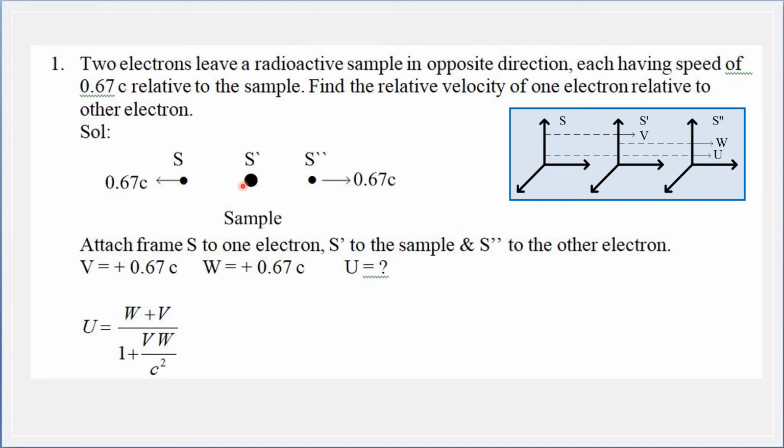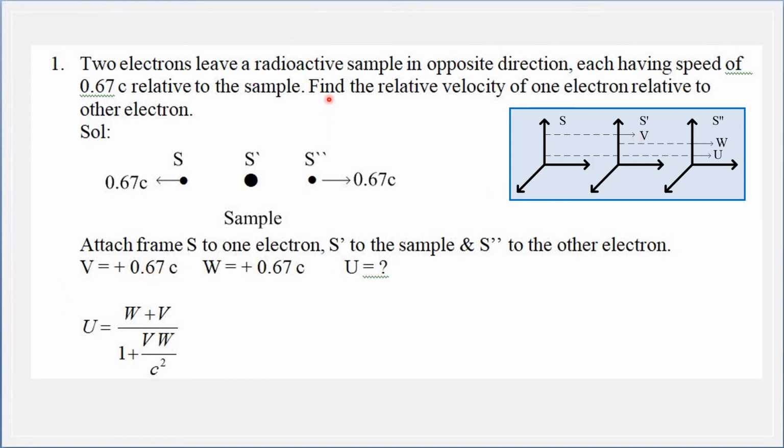So the velocity of the second frame with respect to the first frame will be the same value but in the opposite direction. That means toward the right. So again here this velocity of 0.67 c of the sample with respect to the first electron is the same as that of the v which is marked in the original diagram. So it is plus 0.67 c.